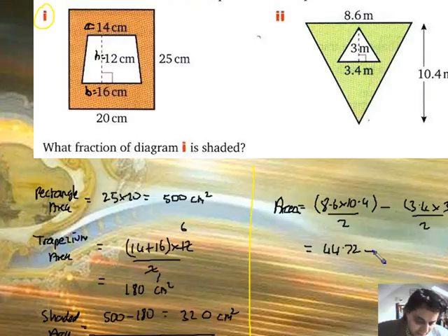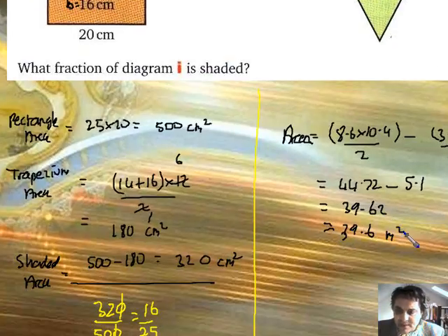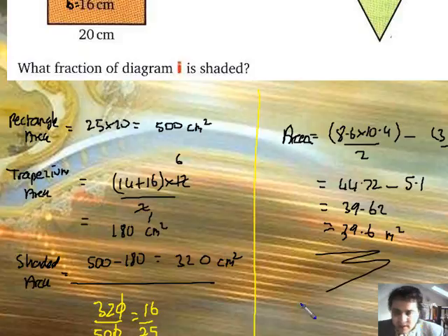And over here I've got 3.4 times 3 equals, divide that by 2. I've got 5.1 altogether, so 44.72, take away the 5.1, that gives me 39.62, roughly 39.6 metre squares. Okie dokie.